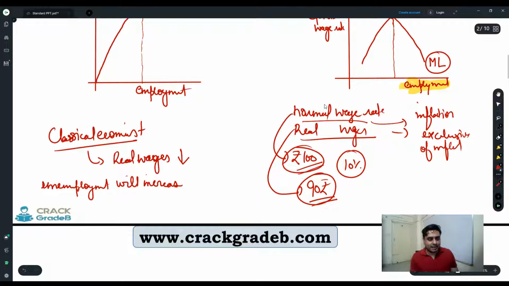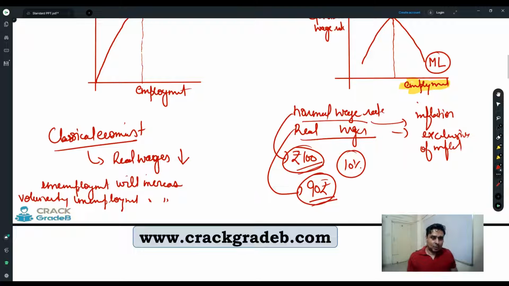They are saying that voluntary unemployment will increase. Why will voluntary unemployment increase? Because more and more people are not willing to do the work at lower wages. So that is why voluntary unemployment will increase.